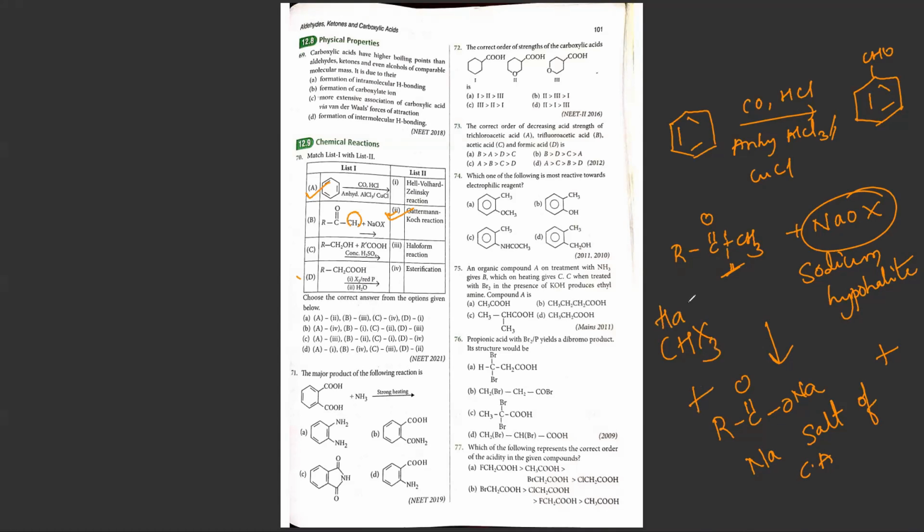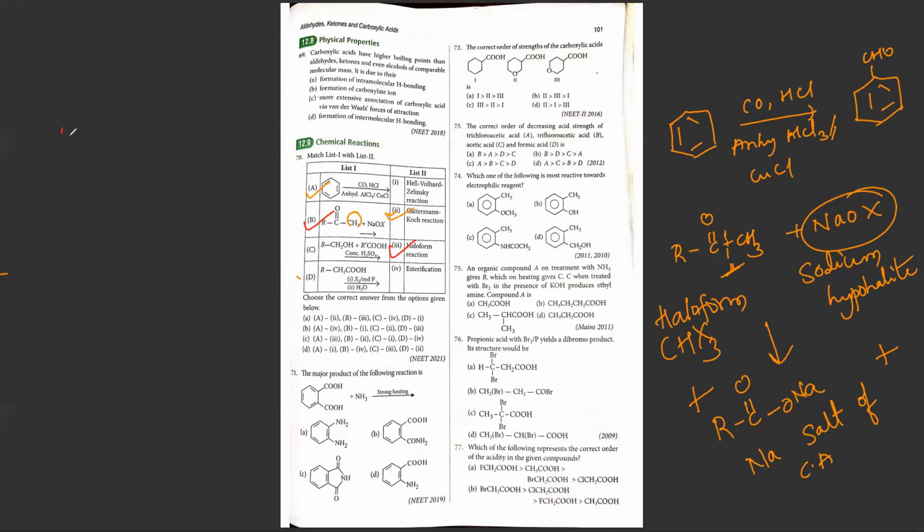This is a haloform. So what we have done here is take a methyl ketone and react it with sodium hypohalite. You get a sodium salt of the carboxylic acid and a haloform. So this is the haloform reaction.